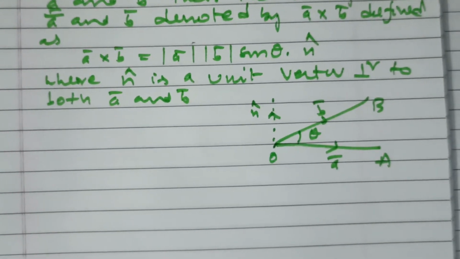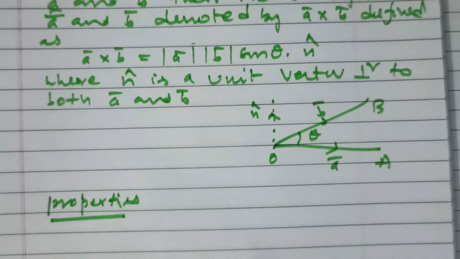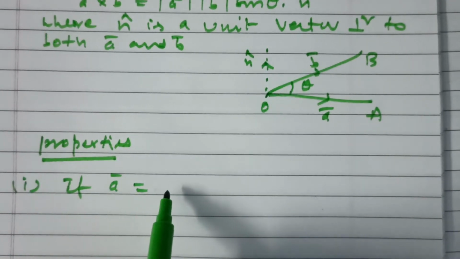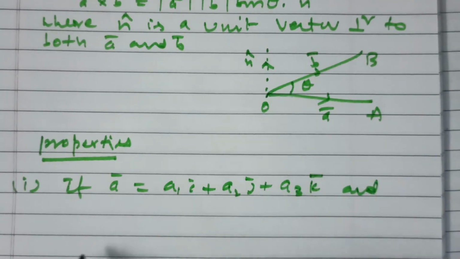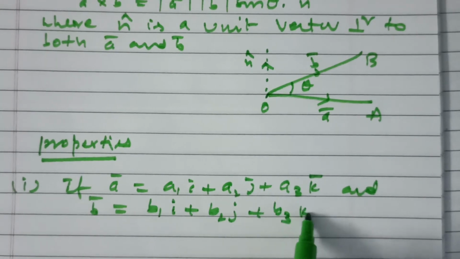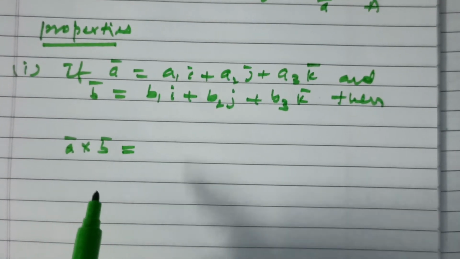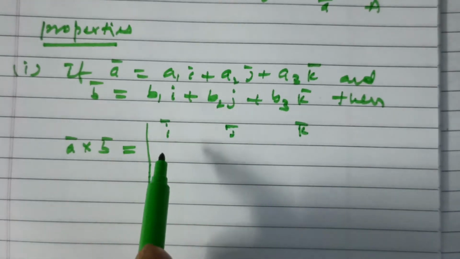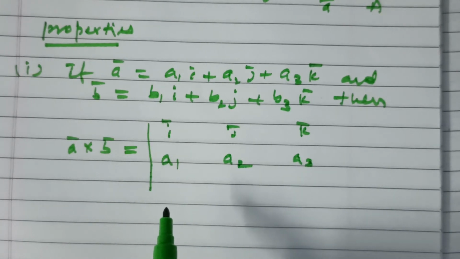Properties. First one, if A bar is equal to A1 I bar plus A2 J bar plus A3 K bar, and B bar is equal to B1 I bar plus B2 J bar plus B3 K bar, then A bar cross B bar is equal to the determinant of first row I bar J bar K bar, second row A1 A2 A3, which are the coefficients of I bar J bar K bar in A bar.